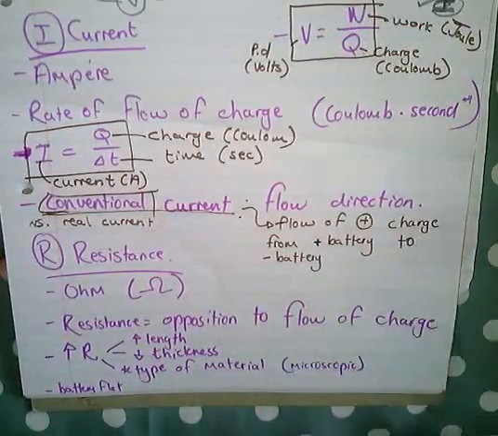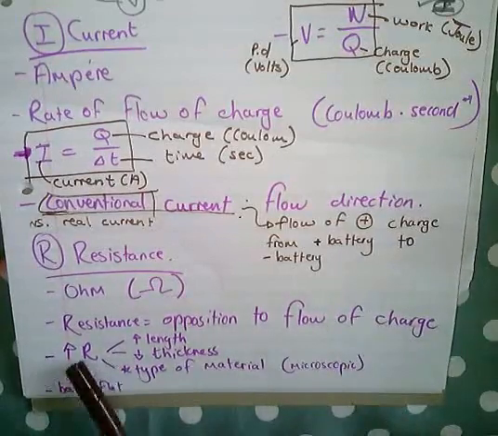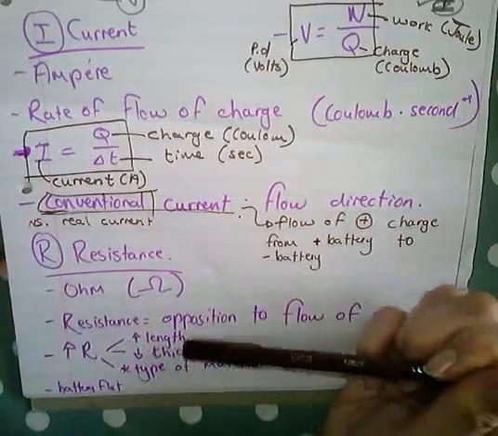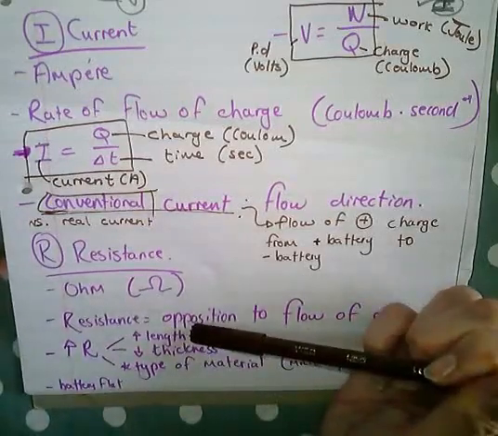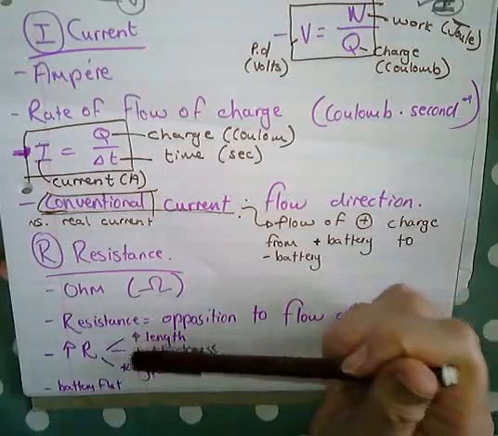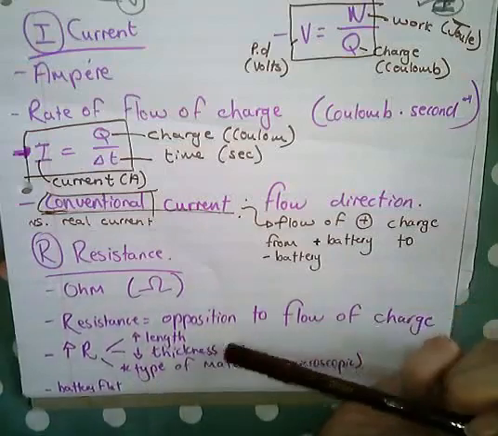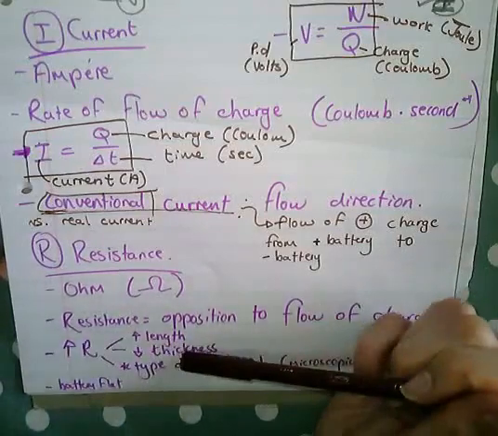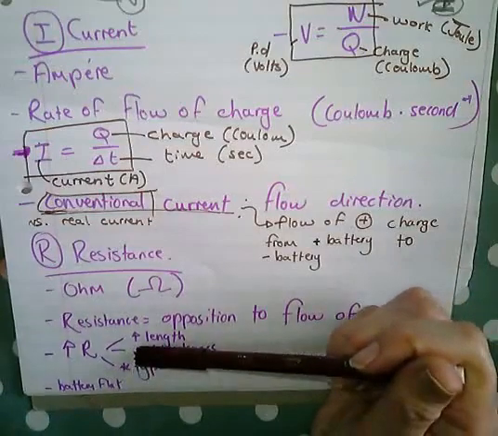Okay. Now, to increase the resistance, we increase the length of the resistor. We decrease the thickness. So the thicker a certain resistor is, the lower its resistance. But the thinner it is, the higher the resistance.